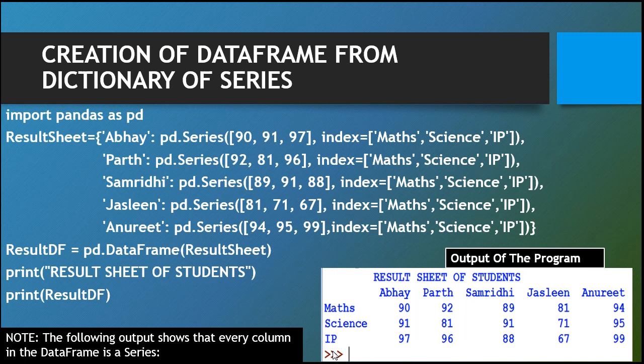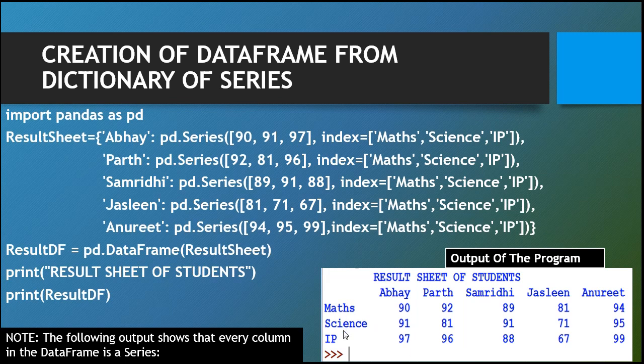You can see the output here, that all the values of the series are displayed in the form of rows and the keys are displayed in the form of column names. Now pd.Series 90, 91, 97 is showing that the marks of Abhay in maths is 90, 91 in science and 97 in IP.